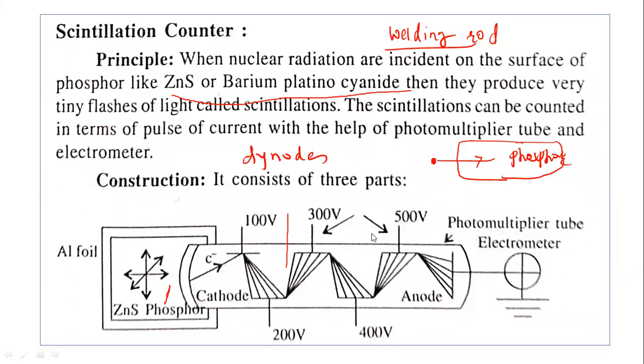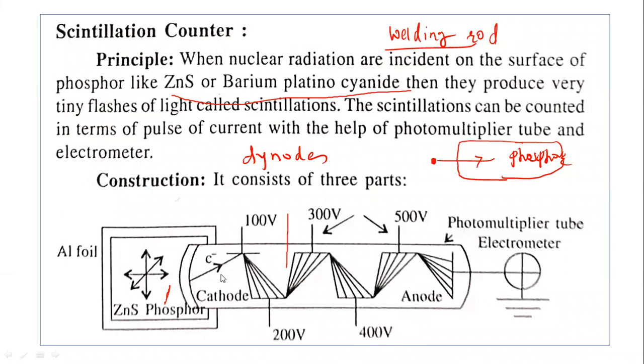Okay. So in this way, the photomultiplier tube amplifies the current pulse, enlarges the current pulse. Initially, the current pulse produced by this electron will be very, very small. Directly we could keep the anode here to count the current pulse. But suppose there is no dynode, the current pulse produced by this electron becomes very small, so that it cannot actually be counted, and we cannot get the result.